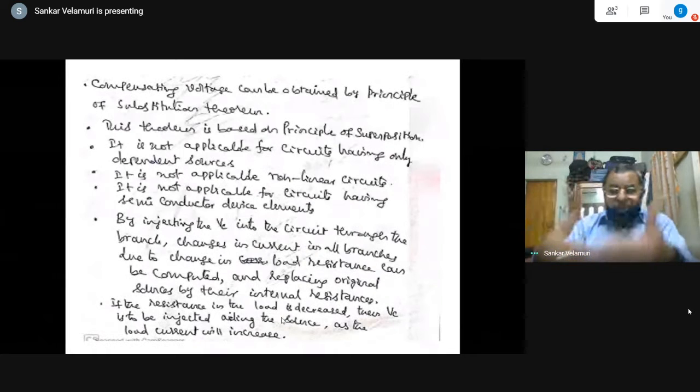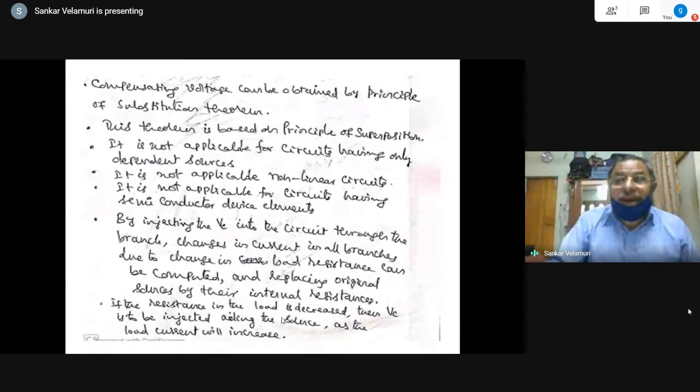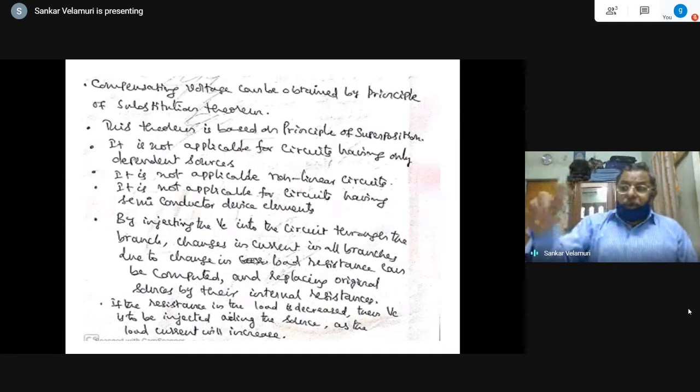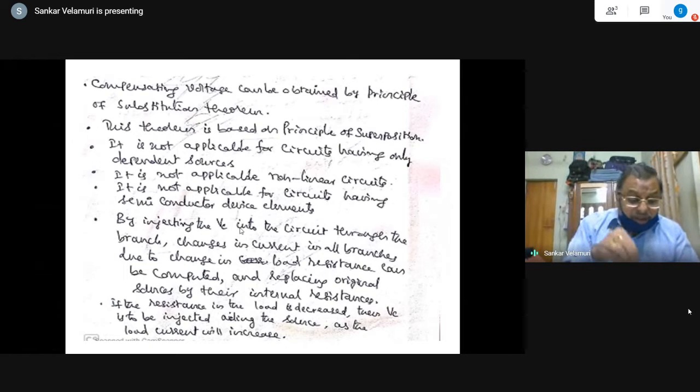That is one aspect. Now suppose the resistance is decreased, so the current will increase. The change can be due to resistance or impedance being increased or decreased. If the resistance is increased, the voltage is injected in the opposite direction, so that the changes in the currents in each of the elements can be obtained.